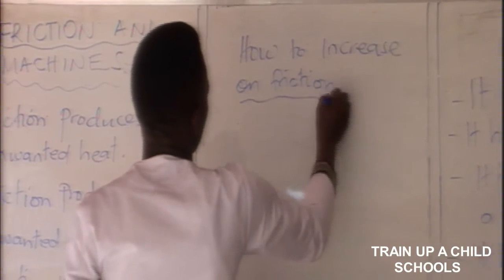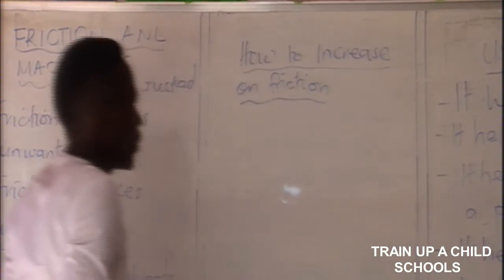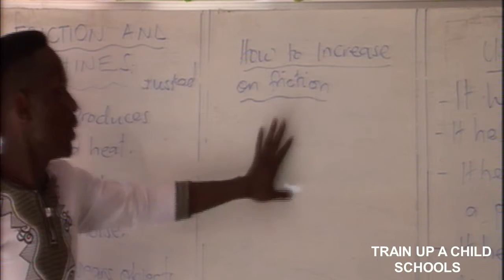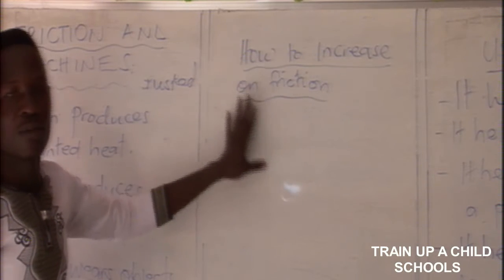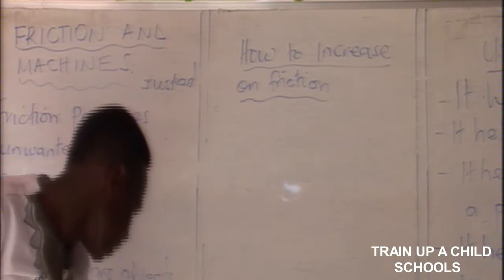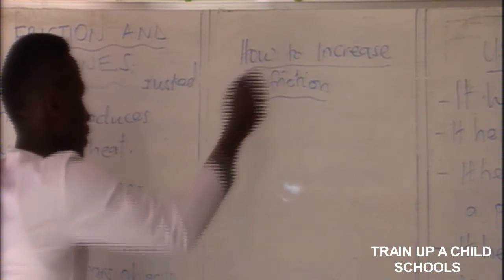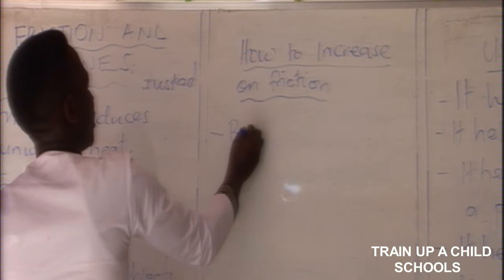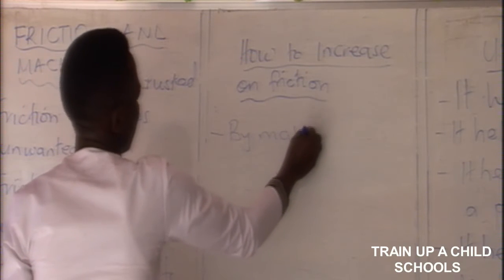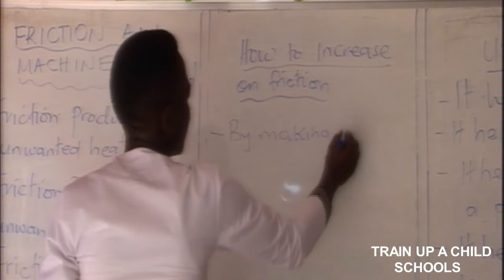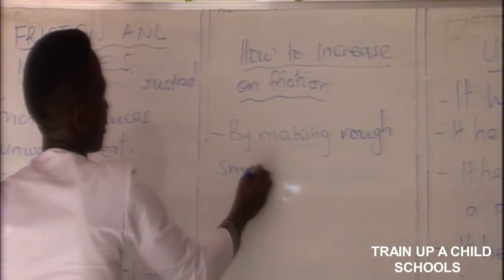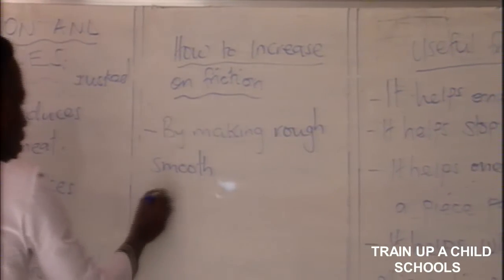We have ways how we can increase on friction, and we also have ways on how we can reduce on friction, depending. So how can we increase on friction? One, by making rough surfaces smooth.